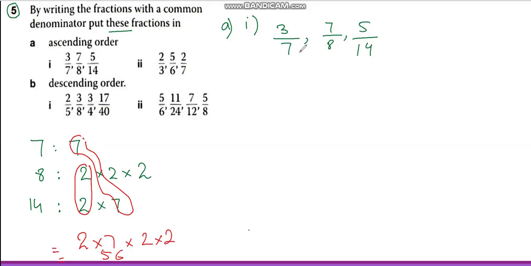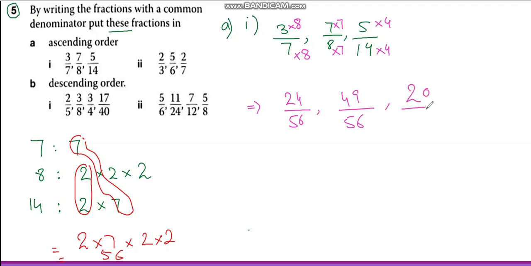So let's make the denominator the same by multiplying 7 with 8. And we need to do the same thing on the top: 8 times 7, and 7 times 7, and 14 times 4, and 5 times 4. So finally, we will get 24/56, and 49/56, and 20/56.